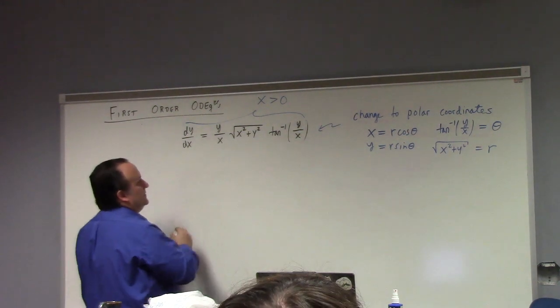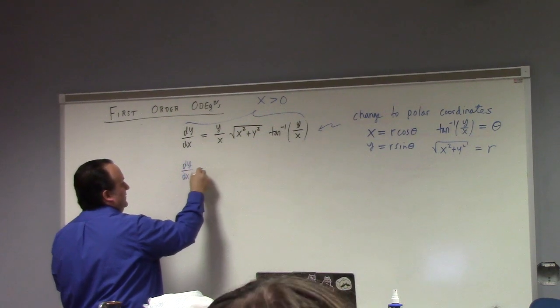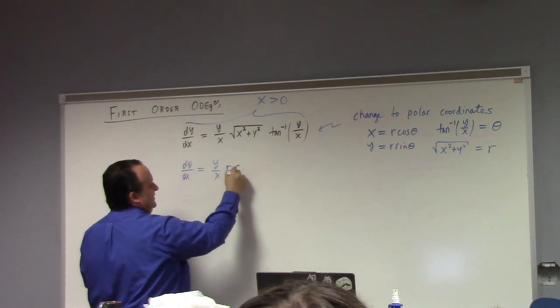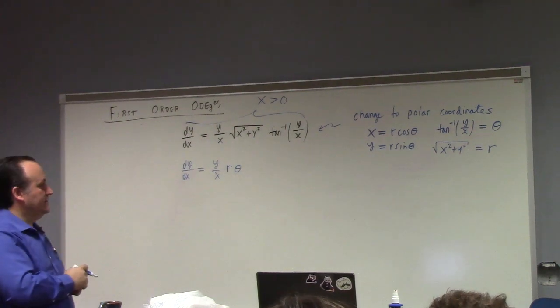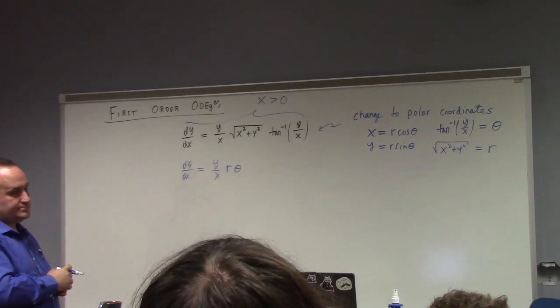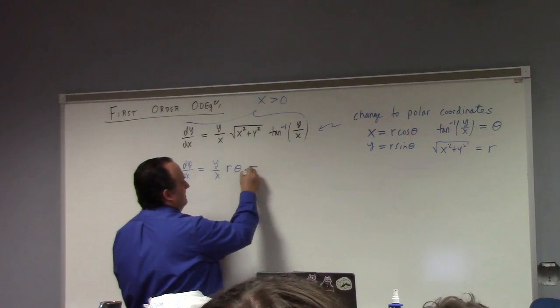I mean, that kind of helps. We've got dy dx equal to y over x. This is an r, that's a theta. And hey, what was y over x?